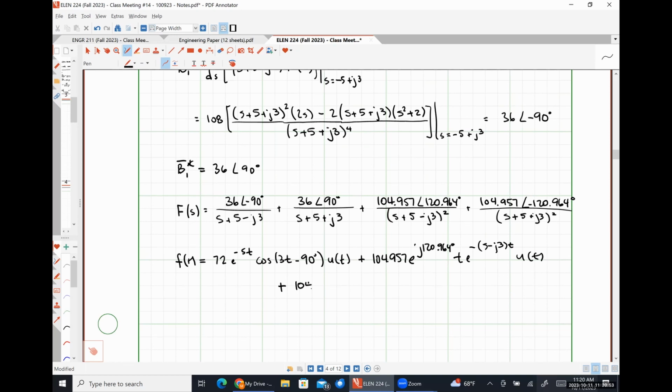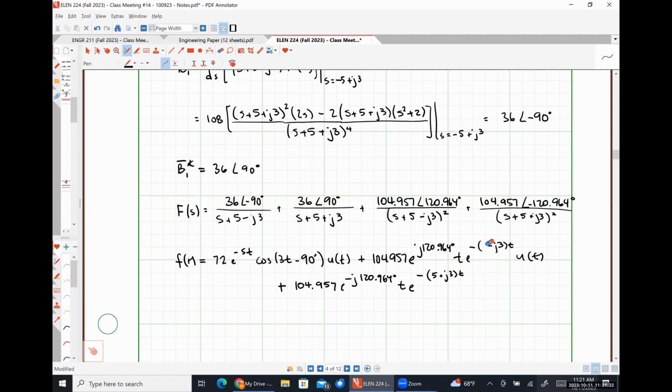We'll have 104.957 e to the negative j 120.964 degrees times t e to the negative, this should be 5 plus j3 t.